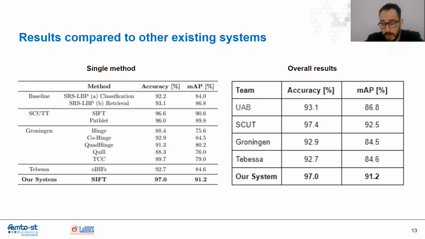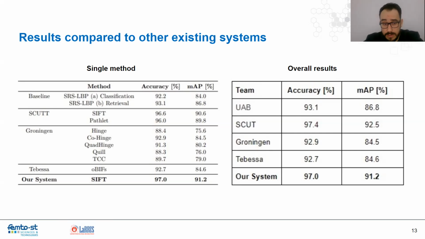Some of the teams, like the Scoot team from China, used 3 systems. One was a single method using SIFT, but we got a better result than their SIFT system. The second used the Pathlet, extracting the Pathlet as a feature.